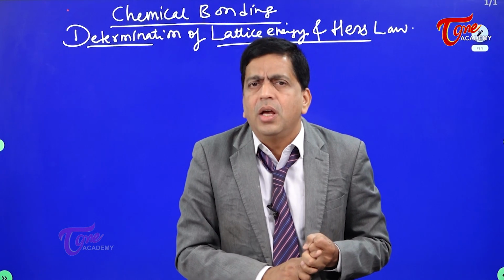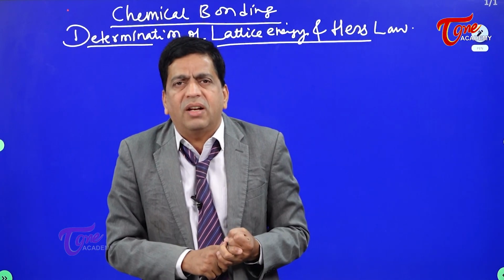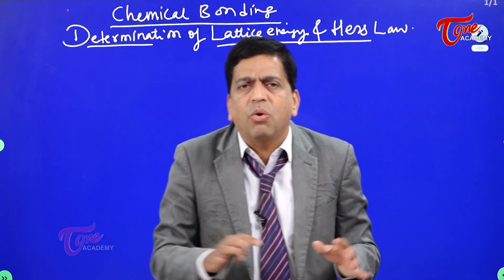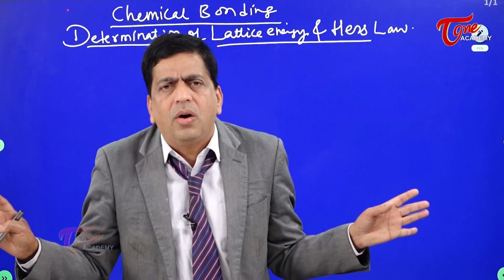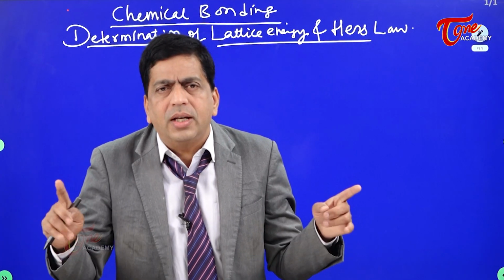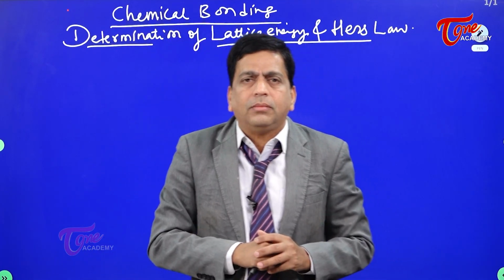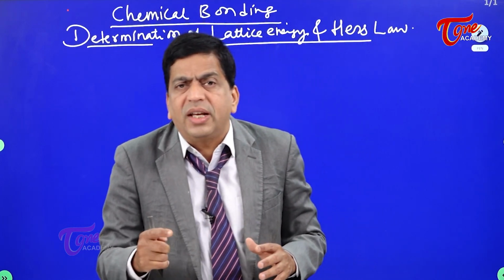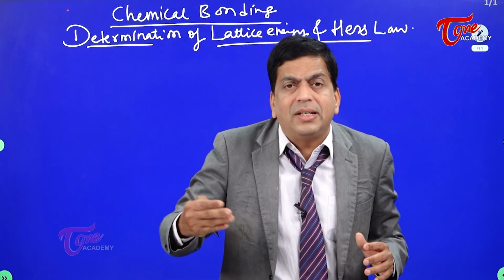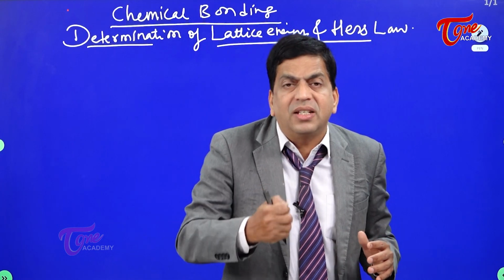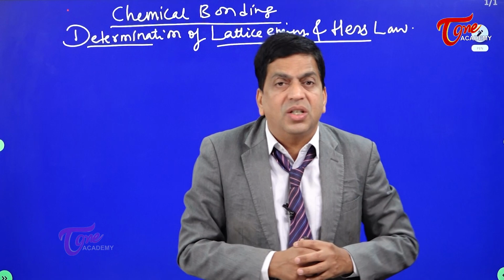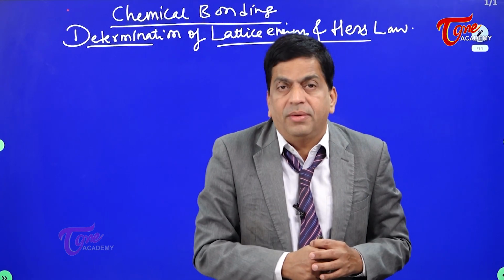You must understand, even though 37 points are available to a unit cell, total sodium ions are only 4 and total chloride ions are only 4. That itself is a point of discussion. So if you take 6 into 10 power 23 unit cells and find its mass, it comes to 234 atomic mass units. That's what we discussed in the previous class, right?